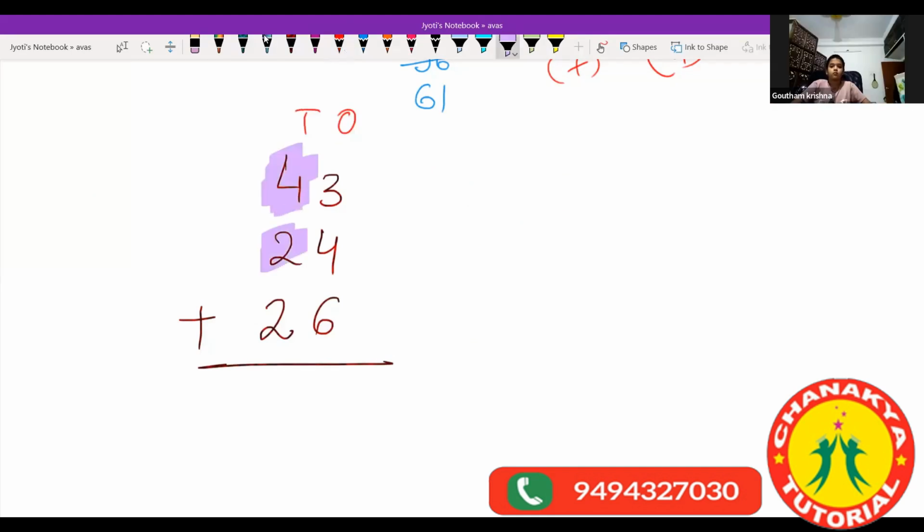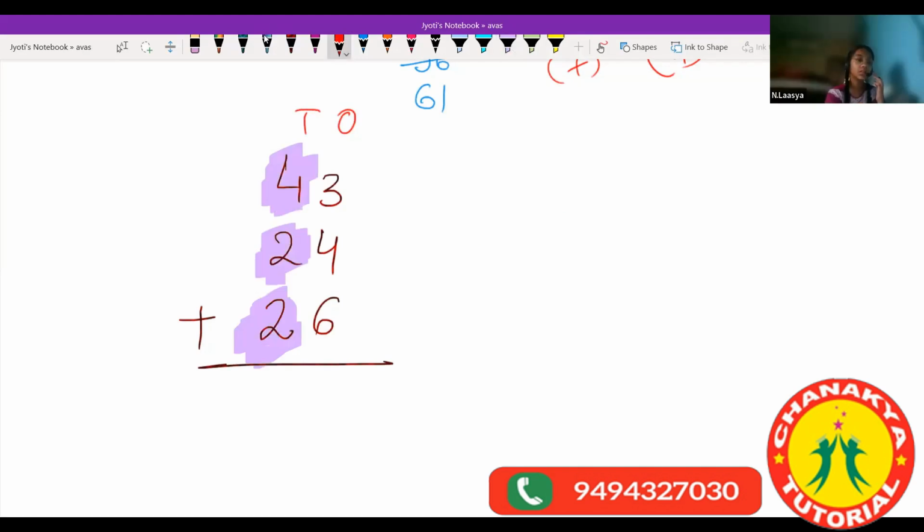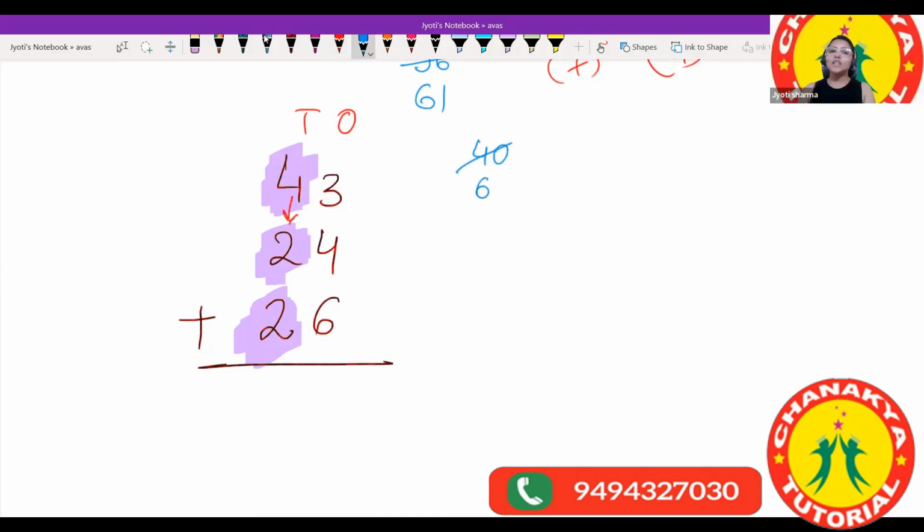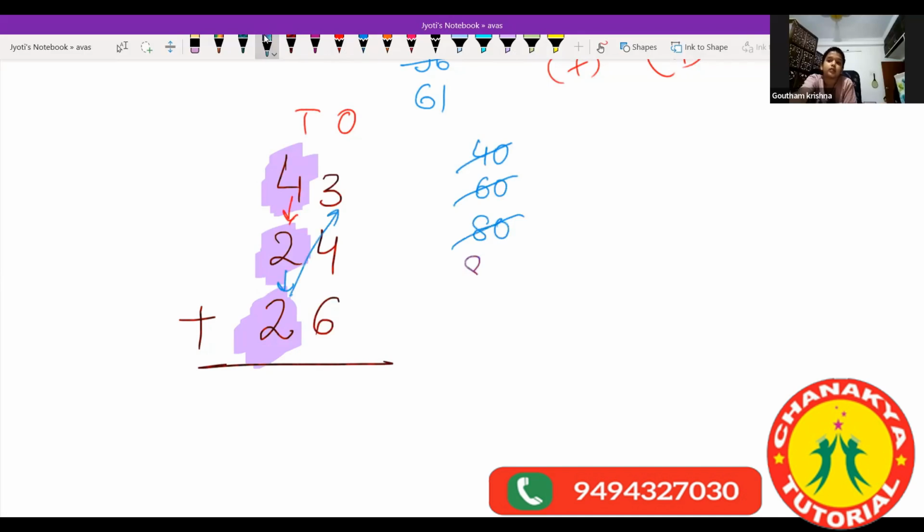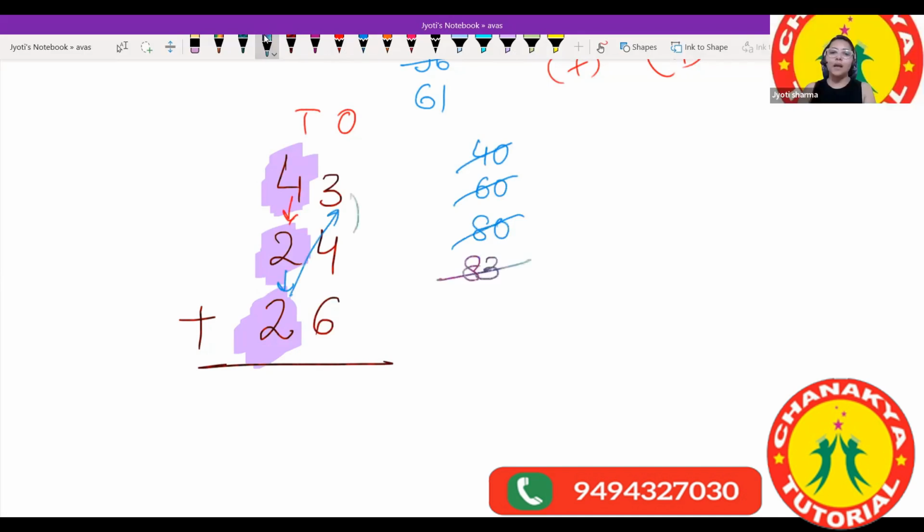What is the place value of 4? 40. 40 plus 20, 60. 60 plus 20, 80. 80 plus 3, 83. 83 plus 4, 87. 87 plus 6, 93.